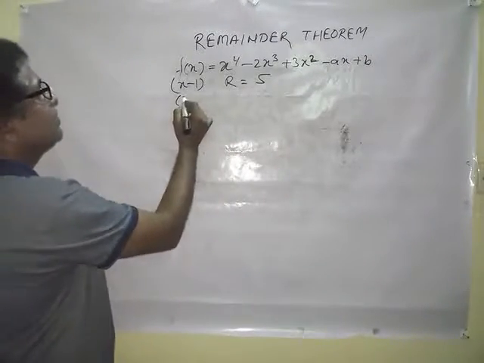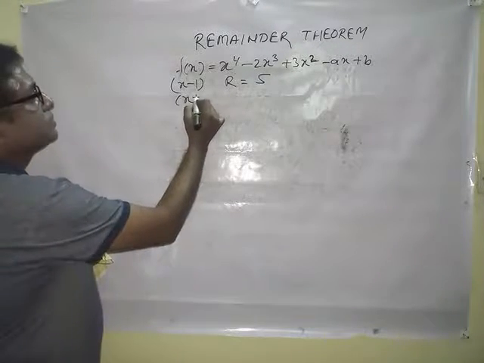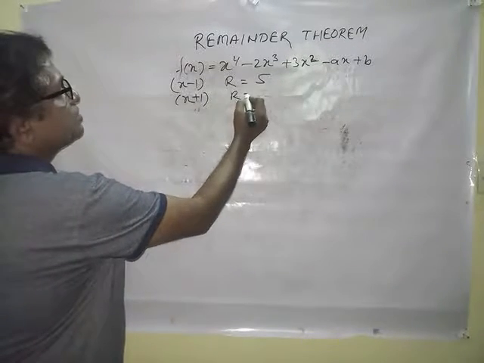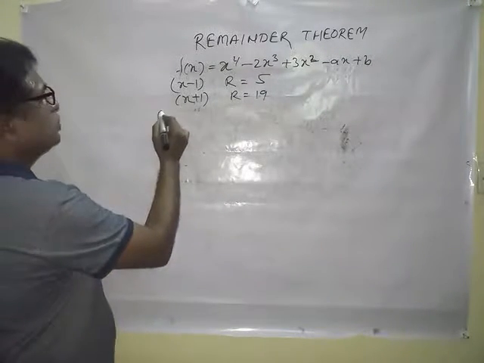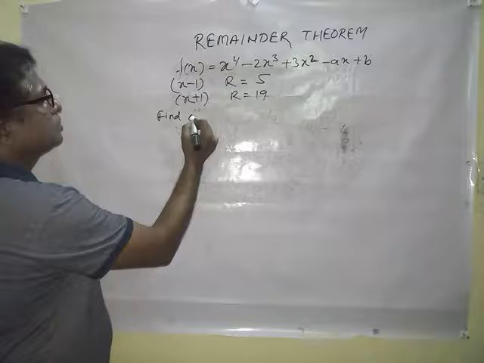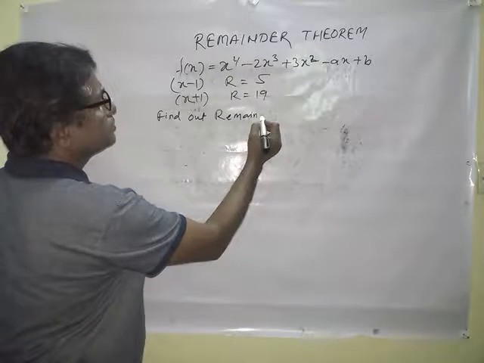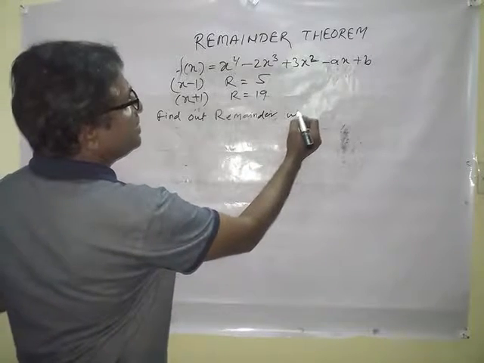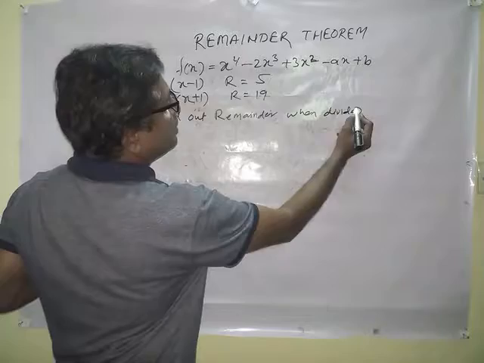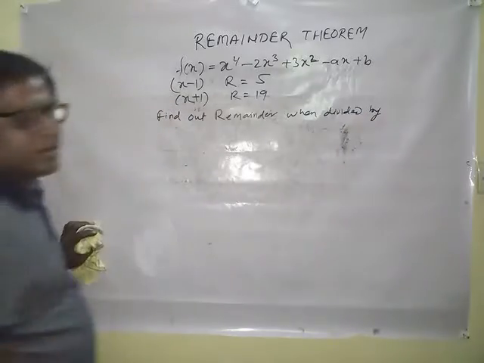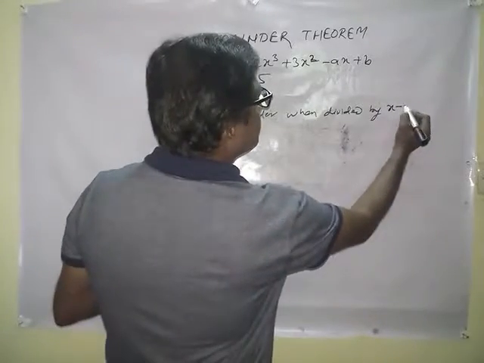And when it is divided by x plus 1, then the remainder is equal to 19. Find out the remainder when divided by x minus 2.